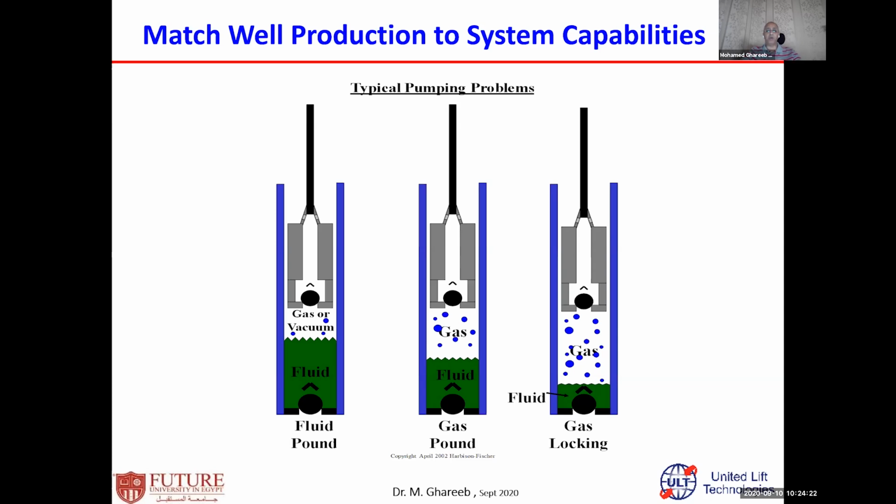Either you have fluid pounding, which means the formation is not producing enough fluid to fill the pump barrel, so part of the pump runs under pounding condition, or you have gas interference, too much gas, or a gas lock. If you do not match this condition exactly, you can have one or a combination of these problems.